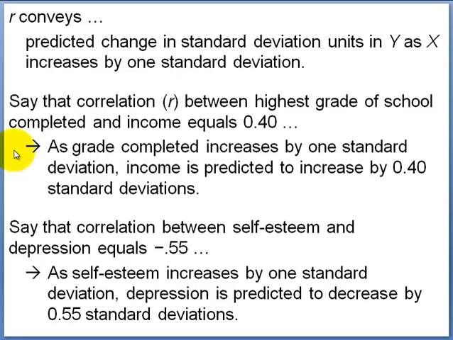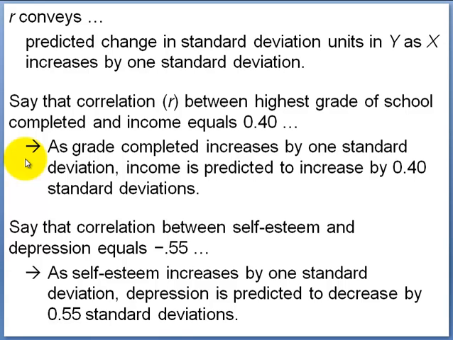So, to give an example of what we mean, suppose that you have computed the correlation between highest grade of school completed and income, and that correlation, which is to say R, comes to 0.40.